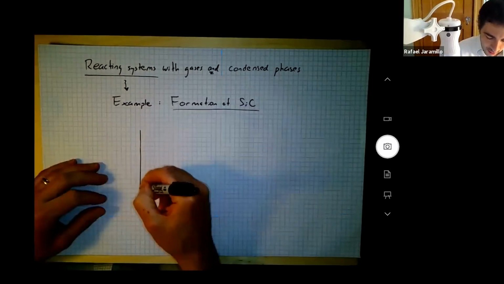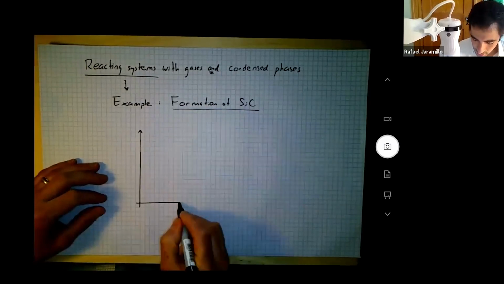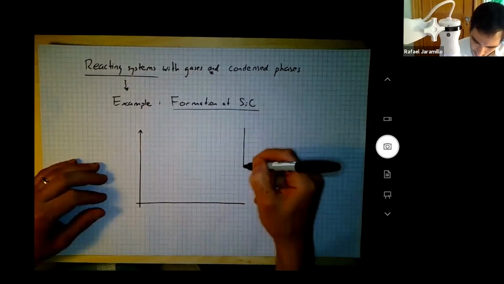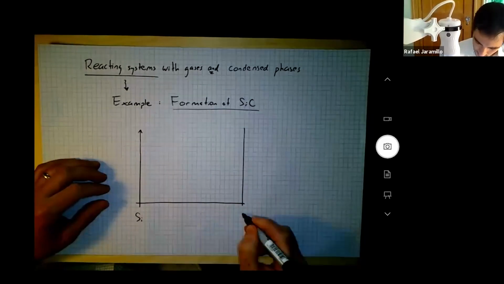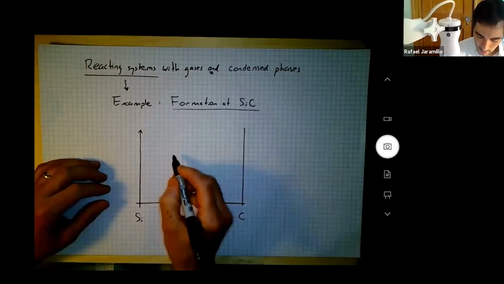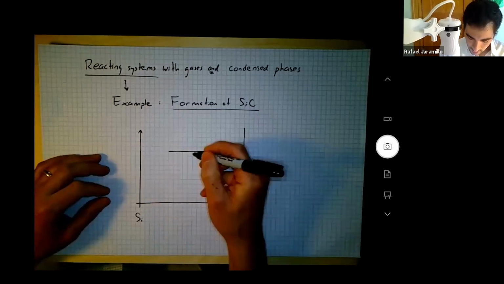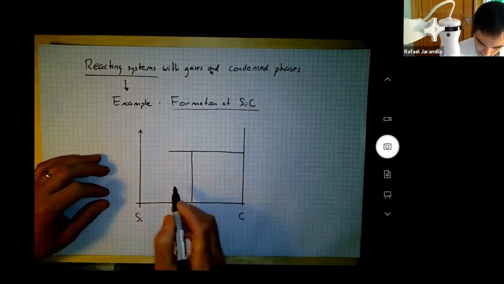It's particular to silicon carbide in the details, of course, but the approach is general for a lot of materials. So what I'm going to do is show you the phase diagram of silicon carbide and briefly talk about why anyone would care about silicon carbide, and then we'll start working on the problem. So let's see, here we go. The formation of silicon carbide.